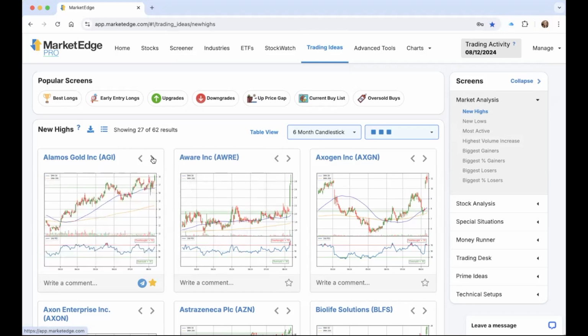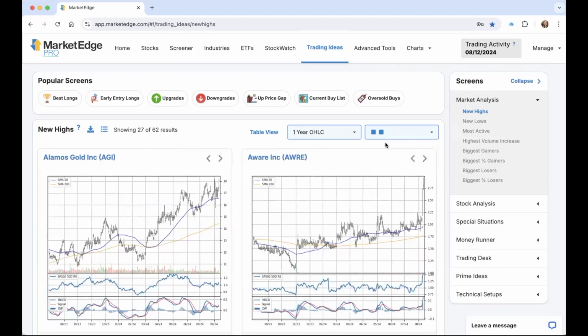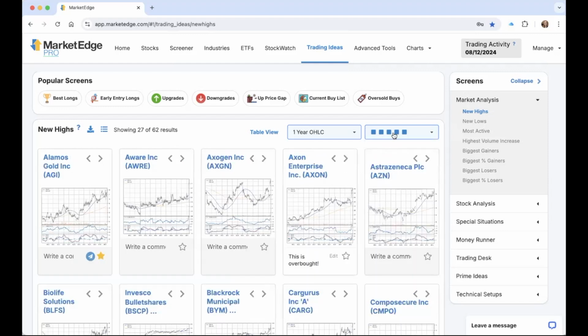You can set all of the charts to a particular chart type. You can change the width of the charts via this: 2 if you want to see a little bigger view, 5 if you just want to scroll through a bunch of charts. There's our "this is overbought" comment on Axon Enterprise, just to show that it shows up in chart view.